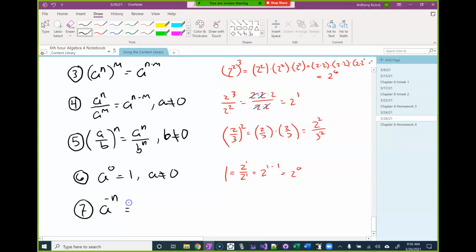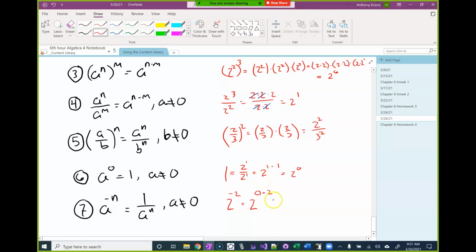And then our last property here: a to the negative n is equal to 1 over a to the n. So if I have 2 to the negative 2, negative 2 is the same thing as 0 minus 2, right?